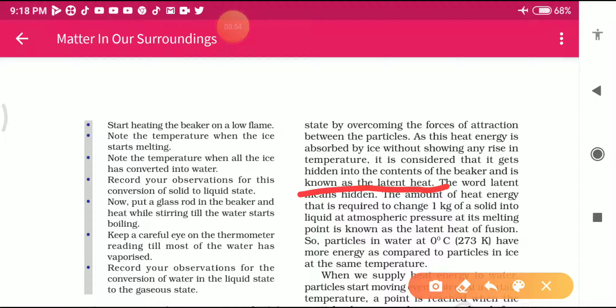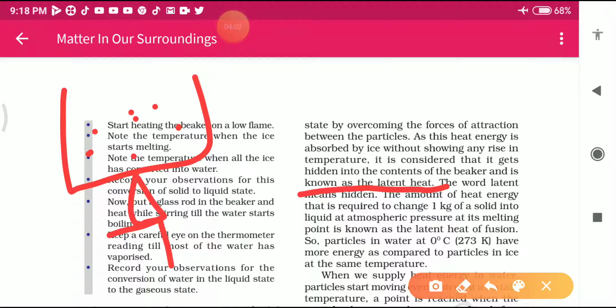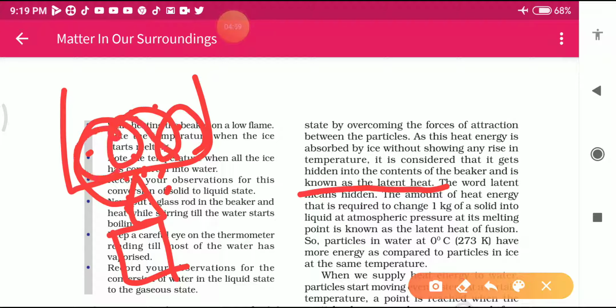When we supply heat to this beaker with the help of the burner, this heat goes inside the contents of the beaker, and that heat is called latent heat. This latent heat does not help in increasing the temperature.